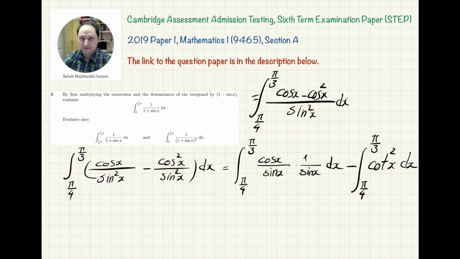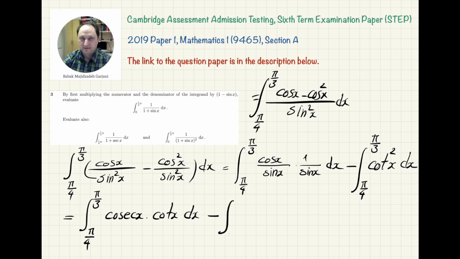But the good point is that now you can write the first one. This bit is cosecant and this bit is cotangent, so this becomes integral from pi over 4 to pi over 3 of cosecant of x cotangent of x dx minus this integral.